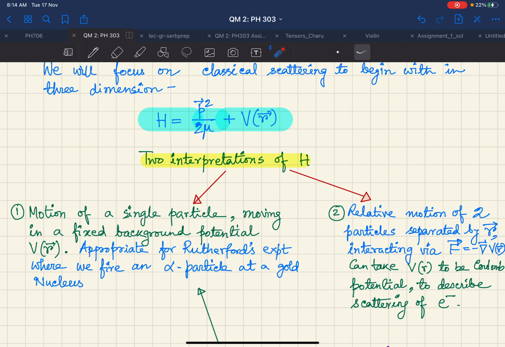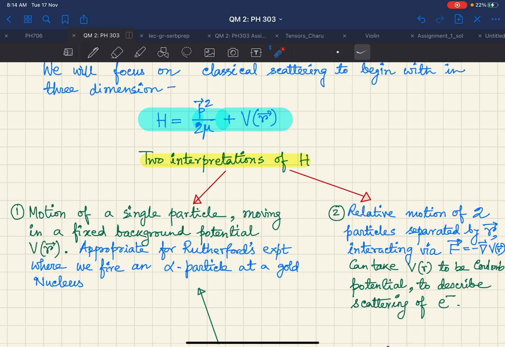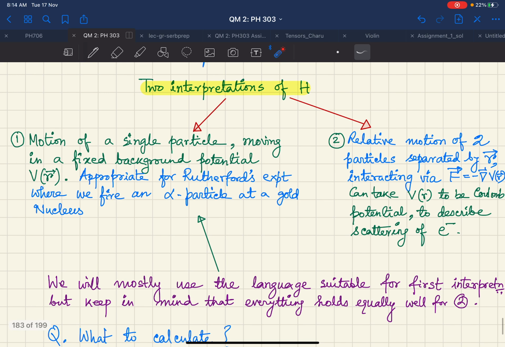So we can take, say for example, V(r) to be the Coulomb potential to describe the scattering of electrons. So these are the two different scenarios into which we broadly classify our Hamiltonian.